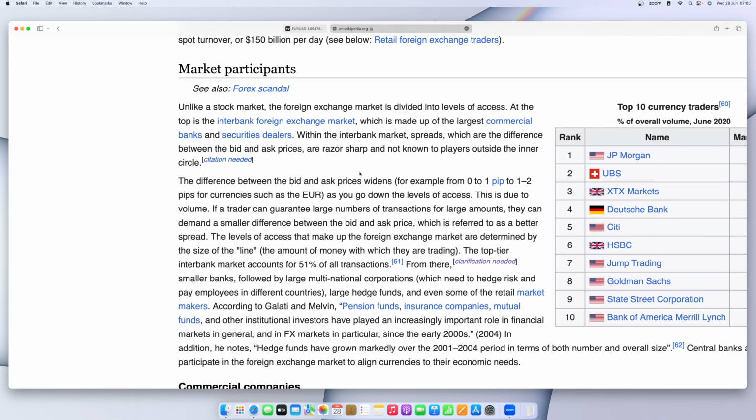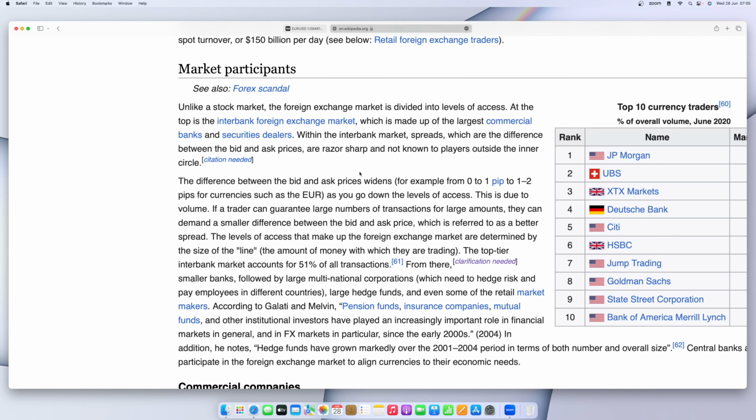And we, you, me, and a lot of us, we retail traders, small traders, are the lowest level possible. We are the lowest level because we have the least amount of money to do transactions in the forex market.